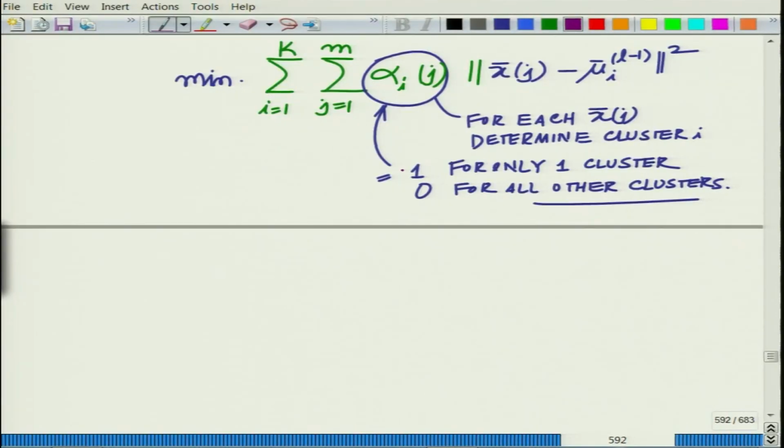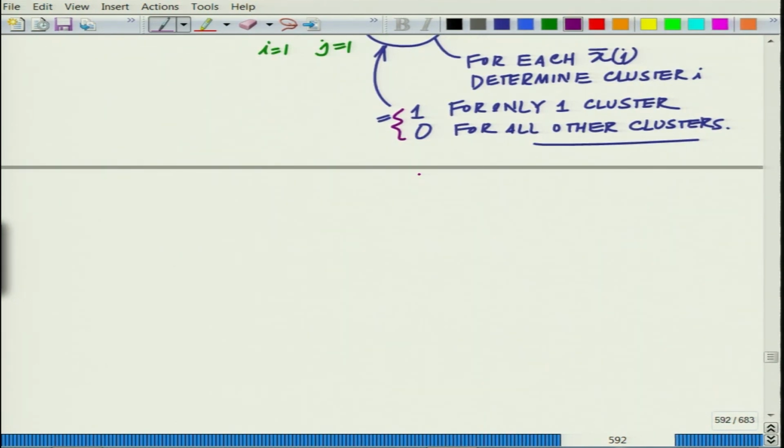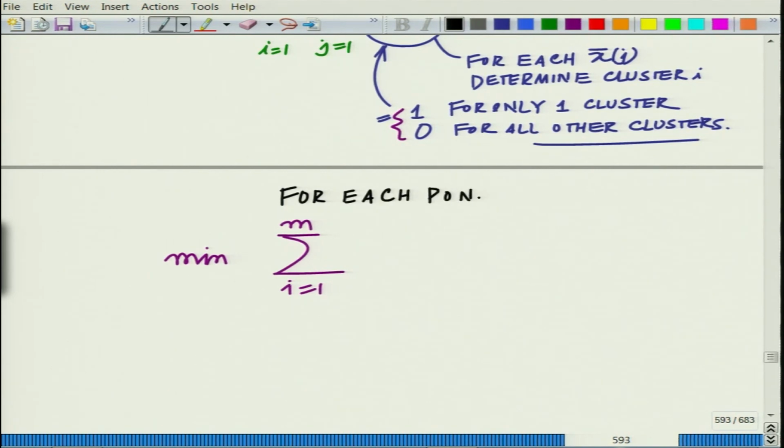Okay. And therefore, now if you look at the cost function for each point, that is, if you look at the summation over all I equal to 1 to m for each point. Now, we are looking at it from the perspective of each point. For each point j, or you can say x bar of j.